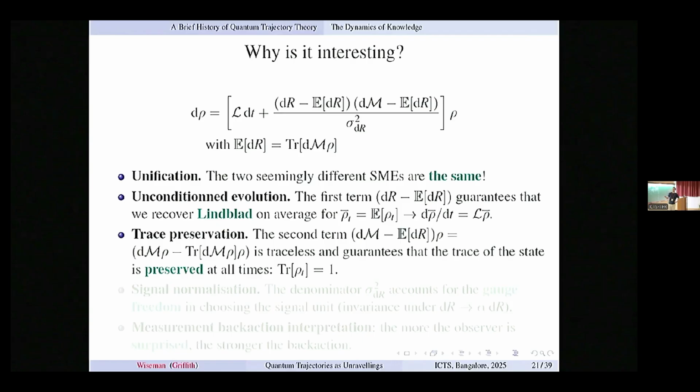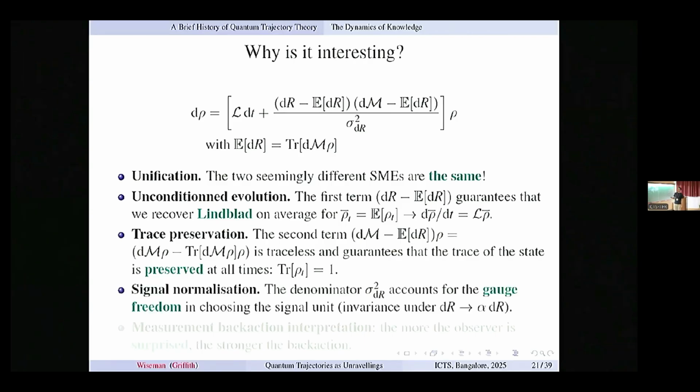It's the same for Lindblad, the update is traceless, and it's the same here. So the structure guarantees some invariance that we absolutely want for our evolution. And then this weird term in the denominator has important physical meaning. The meaning is that usually when we write these equations, we normalize the signal, okay?